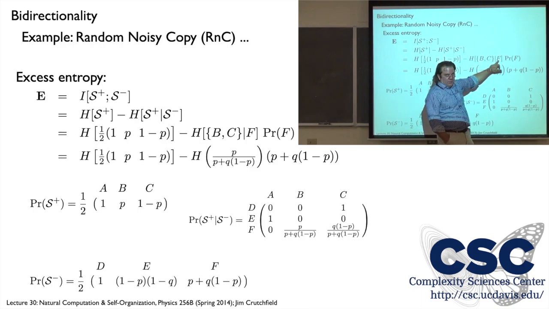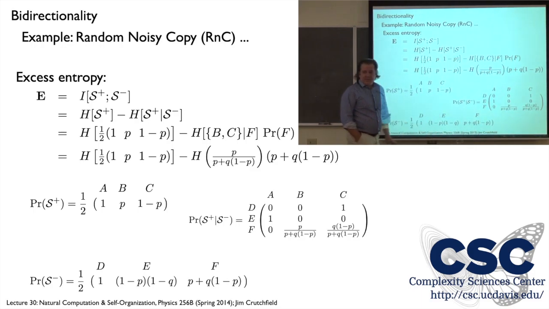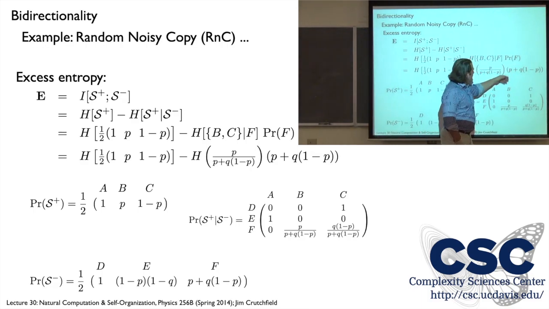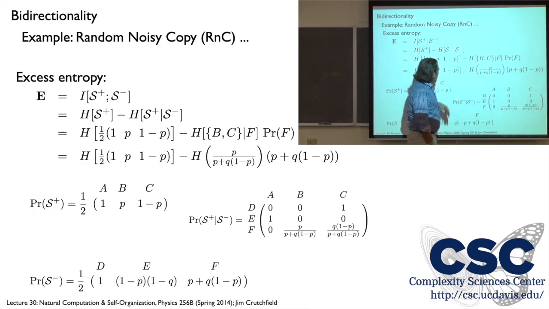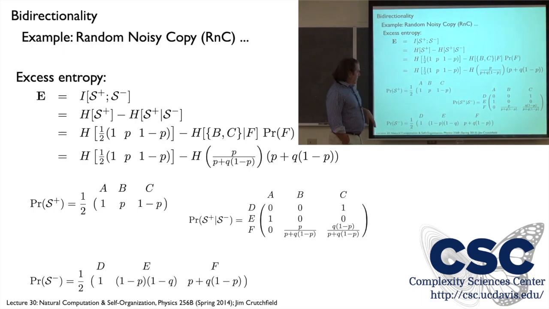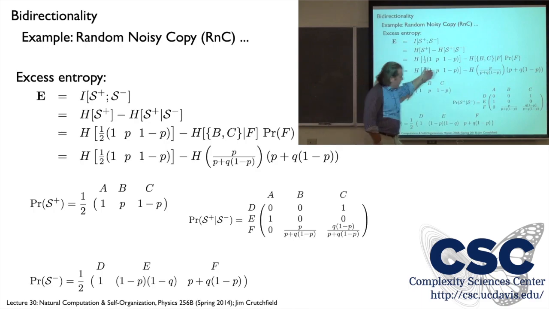It was only when I was in reverse state F that I was uncertain over whether it was states B or C. So there's only one term to calculate here, just this state uncertainty times the probability of being in state F. So that's it, really straightforward. Anyway, just plugging things in here. I know what that probability is. I know what this uncertainty is, what that entropy is. And yeah, so you can directly write it out.